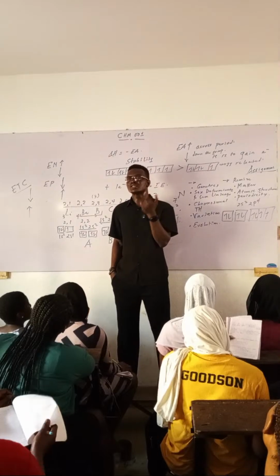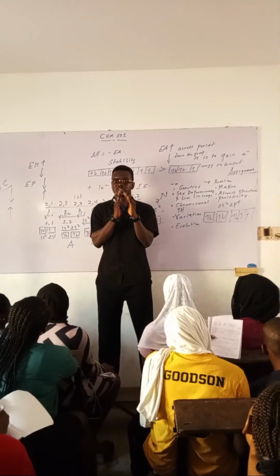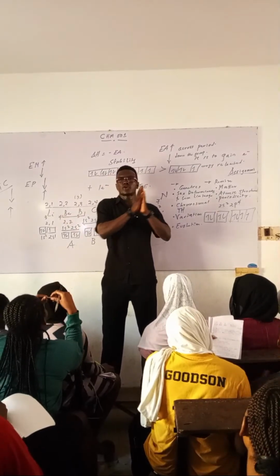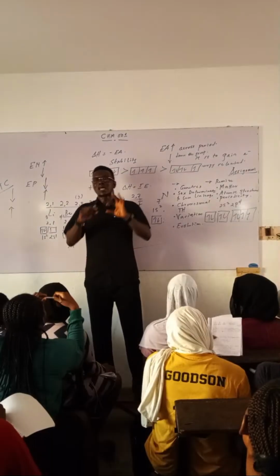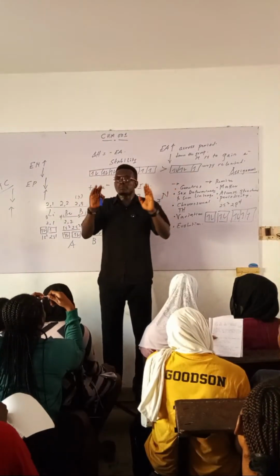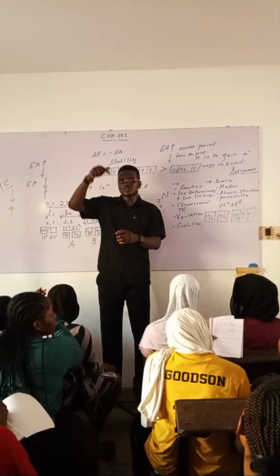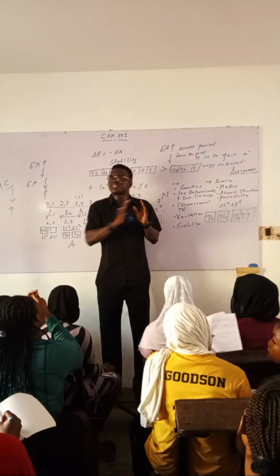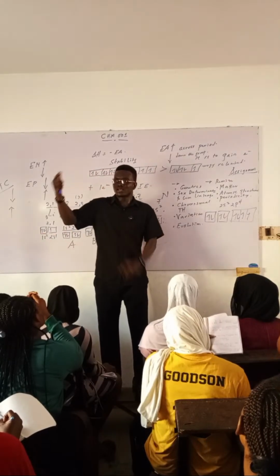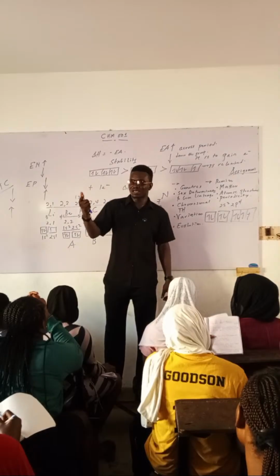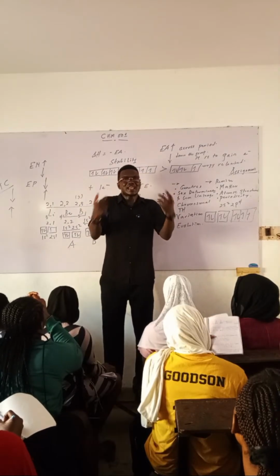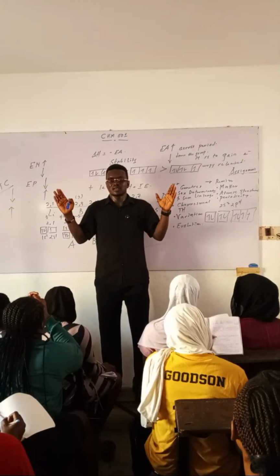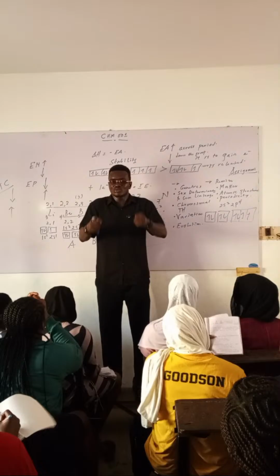When you start heating solids and the solid wants to start melting, please listen. The temperature will first be rising. Then the moment it starts melting, temperature will remain constant. Then when everything has melted, temperature will start rising again. The temperature is kept constant at that point because the energy being absorbed is used to break the molecules apart. In solids, there are bonds that hold them together.